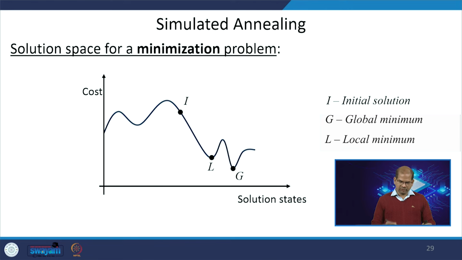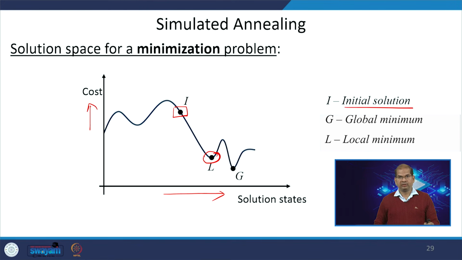If you look at this diagram, your x axis is the different solution space, and the y axis is your cost. Let us say my starting solution is I, the initial solution. Then if I go by the greedy approach, I will go to the local optimum.